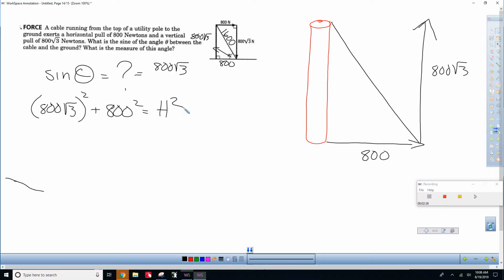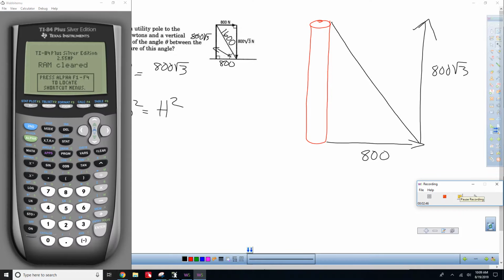Well, we got to type 800 radical 3 into a parentheses in our calculator. So parentheses, 800 radical 3. Now close it. That just closed my parentheses underneath. So now I got to hit right and close it again.